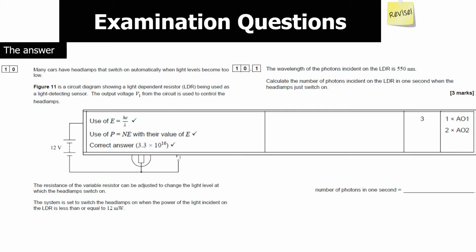We can then say that the power is going to be the number of photons times the energy. We know the power is going to be equal to 12 milliwatts, so 12 times 10 to the minus 3. So we've got an energy, we've got a power, so therefore the number of photons is going to be the power over the energy, and we get our answer to be 3.3 times 10 to the 16.